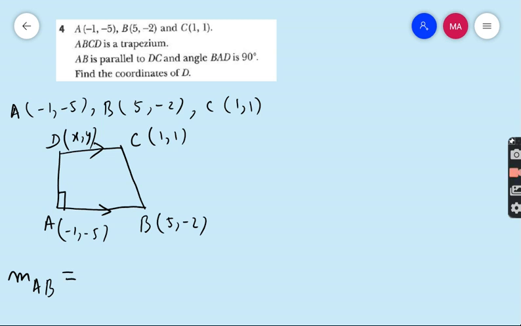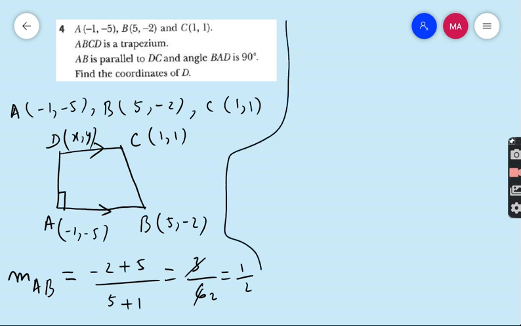Gradient of AB is (-2 + 5) upon (5 + 1). 5 - 2 is 3. 5 + 1 is 6. 3 twos are 6, so 1 upon 2. So MAB, the gradient of AB, is 1 upon 2.